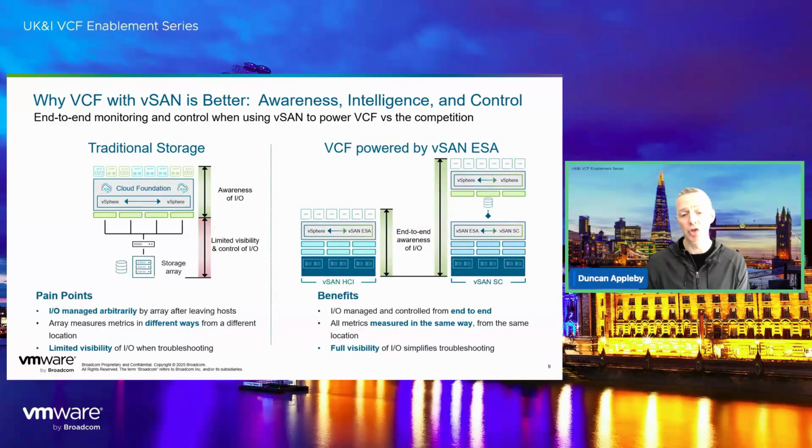Because of that, we can control it as well. If we can identify where contention is inside the stack, we can do something about it. Perhaps we can put an I/O limit on a particular virtual machine. Perhaps we need to pause a particular process to ensure that virtual machine traffic gets priority. We can't do that in an array-based system. As I say, that intelligence is lost beyond the port as we pass it off.